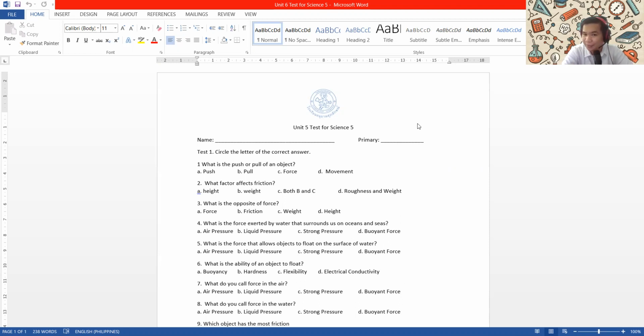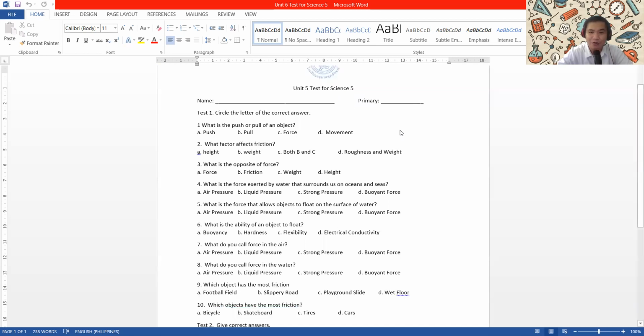So one of the answers is roughness. So I think that's letter D. And of course, friction is also affected by how much an object weighs. So it's both roughness and weight. The answer to number 2 is roughness and weight.